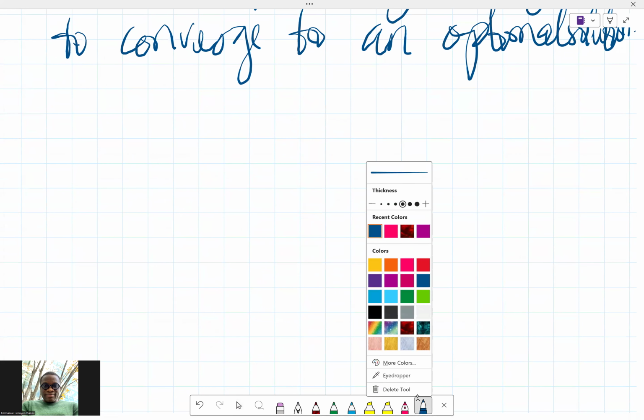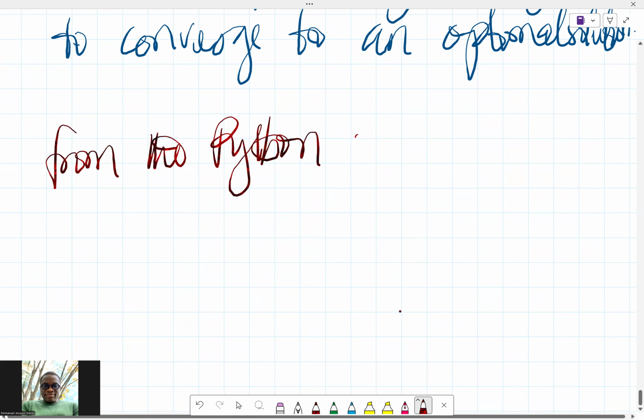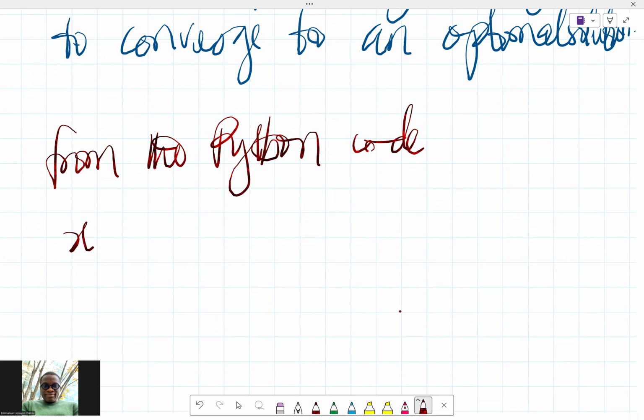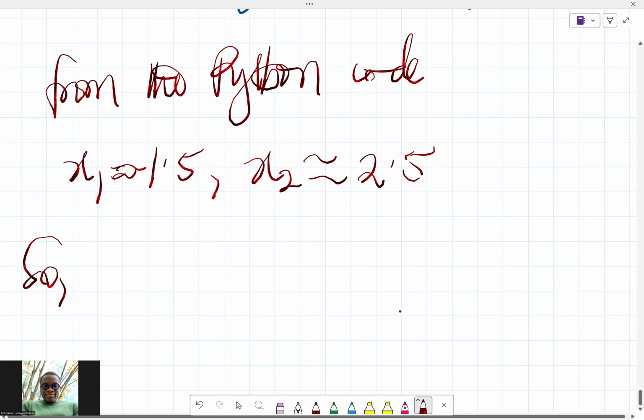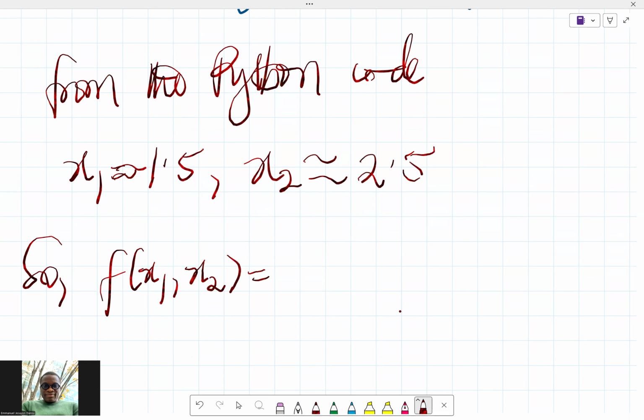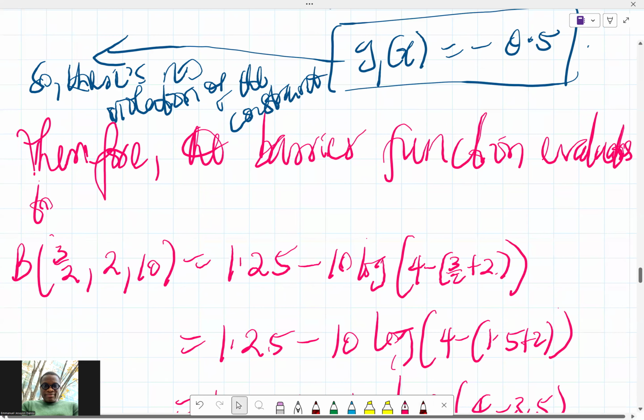Okay. So let me use this now. From the Python code, x1 is approximately 1.5, and x2 is approximately 2.5. So if we put that into f of x1, x2, or what we just called f of x before, that was x1 minus 2 squared plus x2 minus 3 squared, if I remember very well.